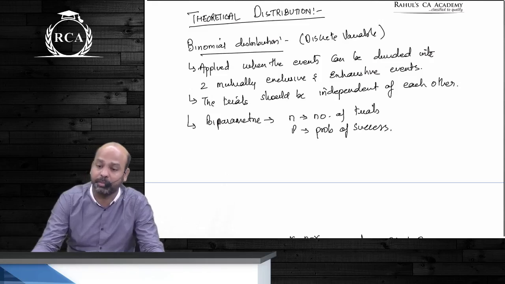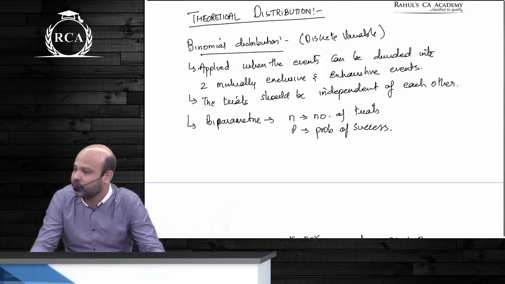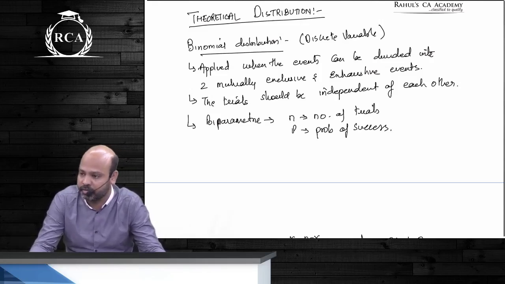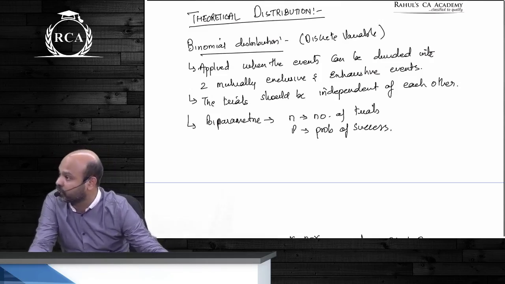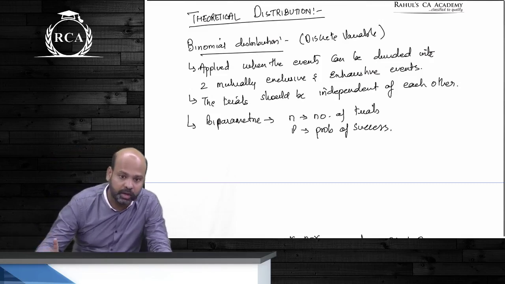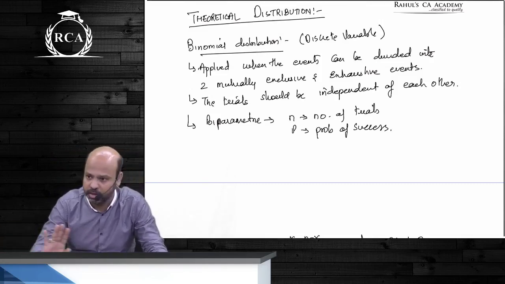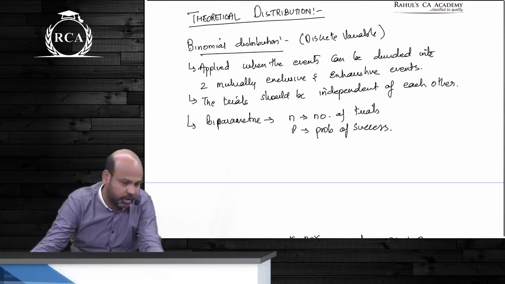First important thing, the binomial distribution is applicable if and only if the outcomes of the experiment can be divided into two categories which should be mutually exclusive and exhaustive. They need not be equally likely, but they should be mutually exclusive and exhaustive.